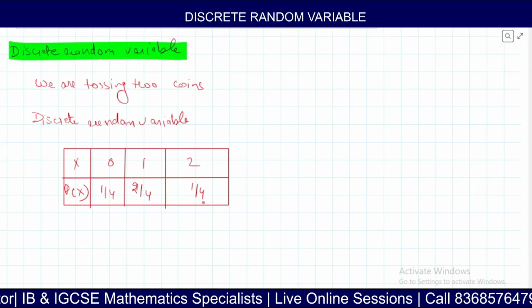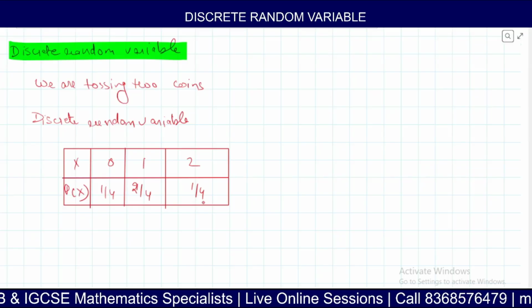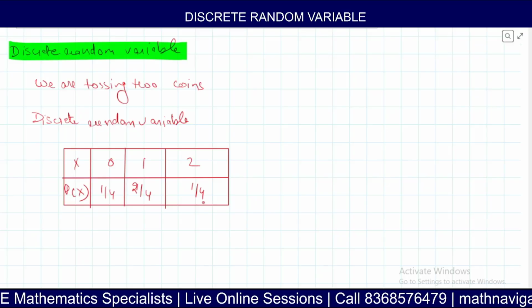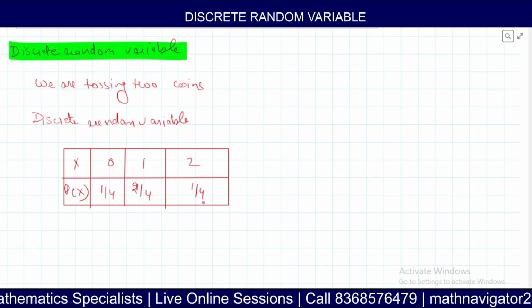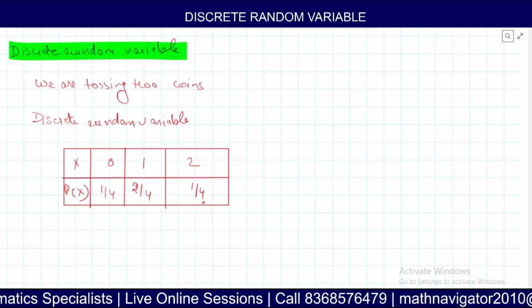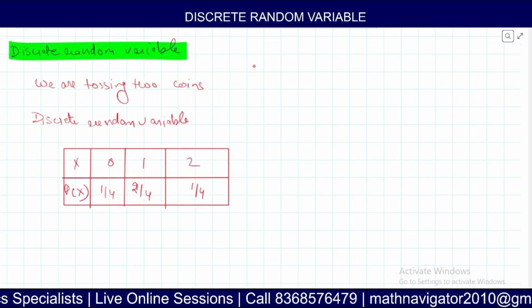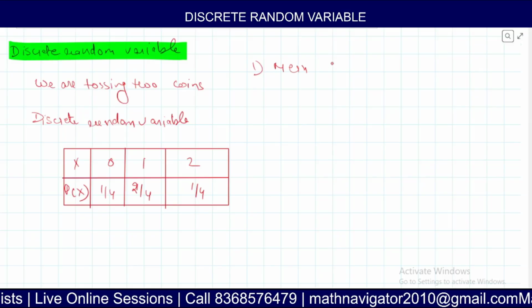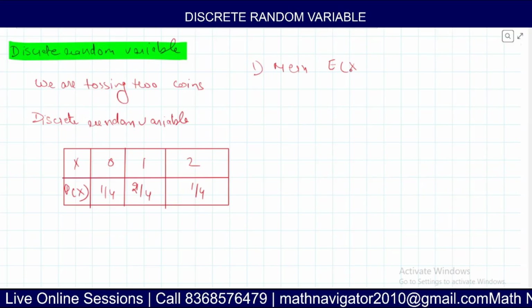So we have seen how to find the mode and how to find the median. Now today we are going to discuss how to find the mean, which is also called E of x, a term you will see time and again.